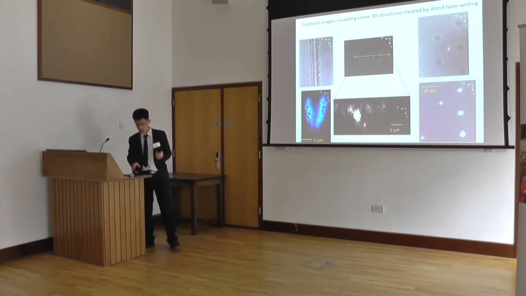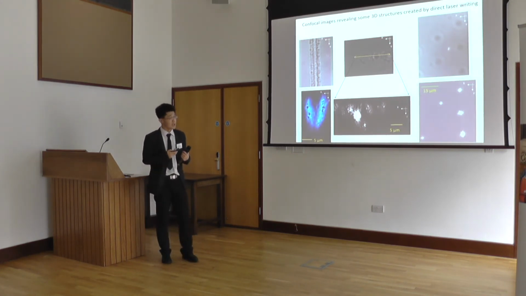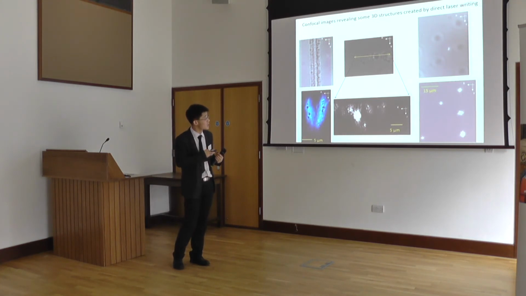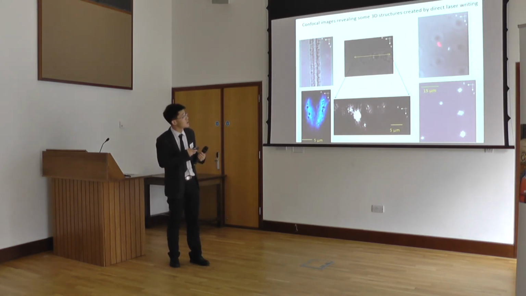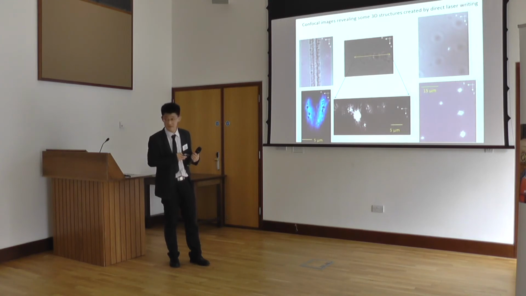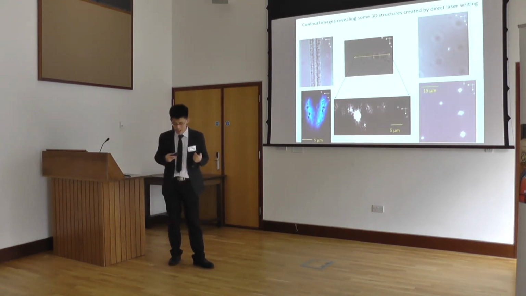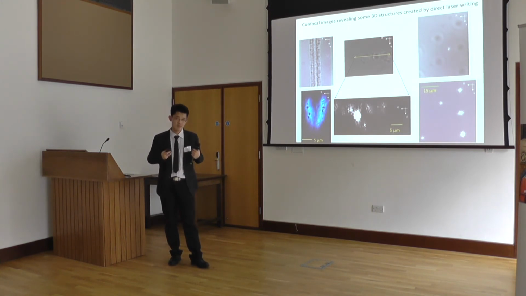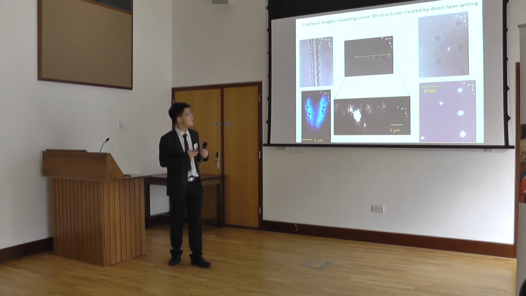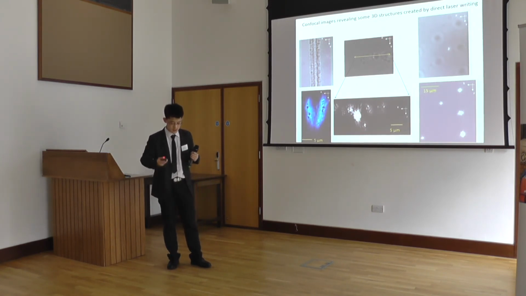Last one. This is an application. Both of these are XY images, but the upper one is transmission and the lower one is confocal. We have an array of dots where we are trying to map the phase profile. But because transmission microscopes don't have sectioning capability, these dots are actually at different depths.